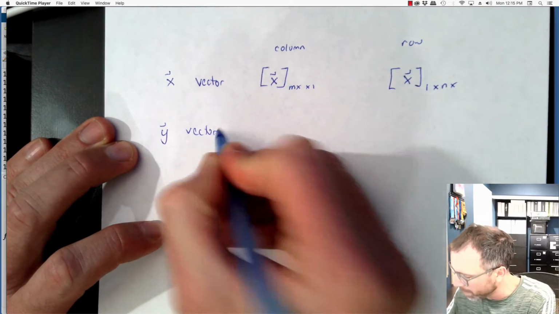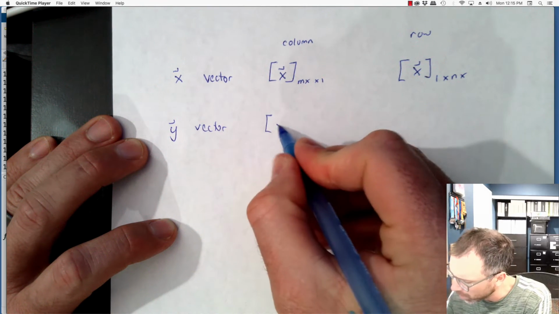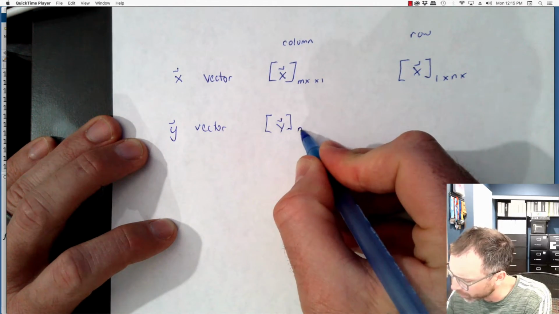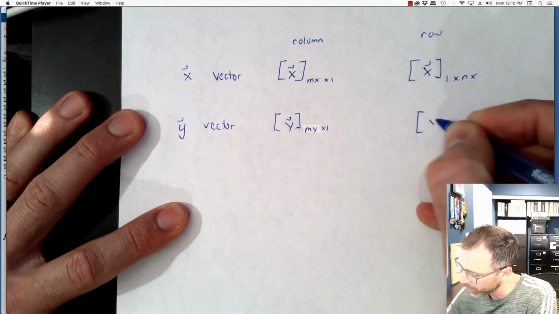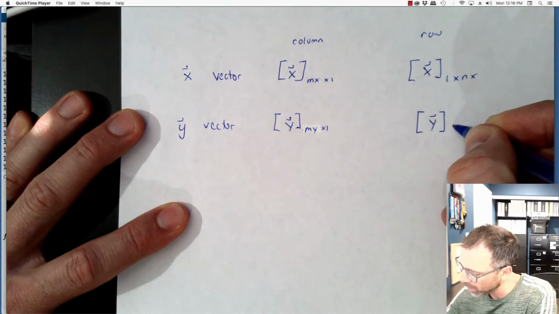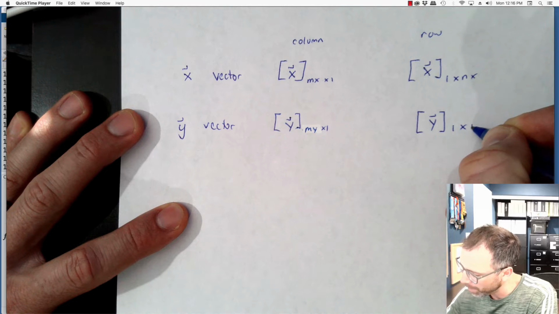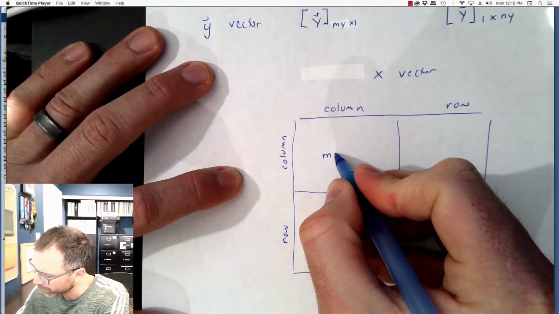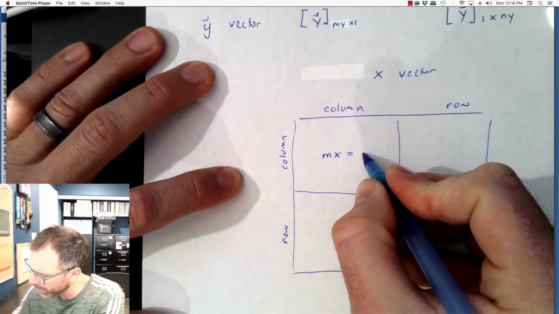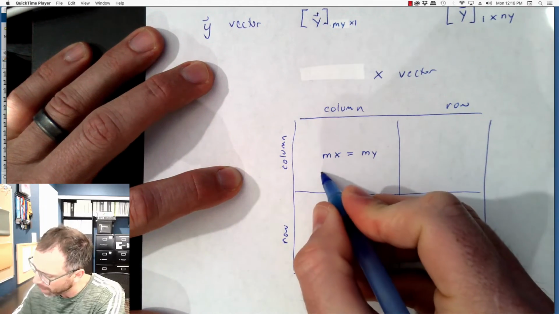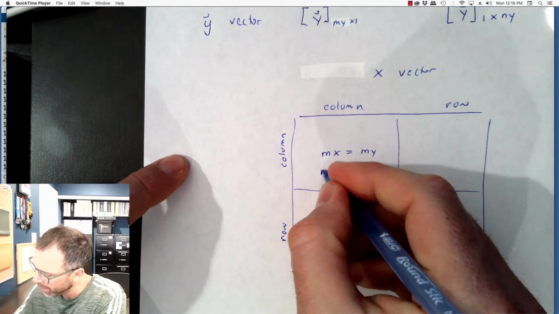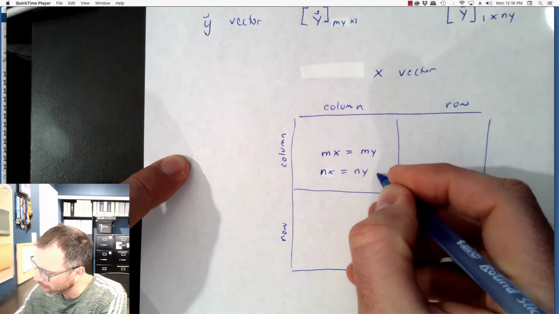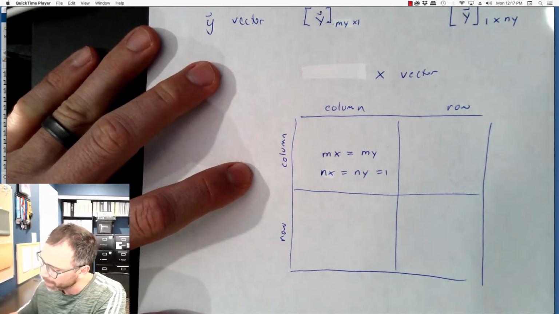If it's a column vector, that would be my by 1, and if it's a row vector, that would be 1 by ny. If they're both column vectors, we want to make sure that's true, under the condition that nx equals ny, and they're both equal to 1.